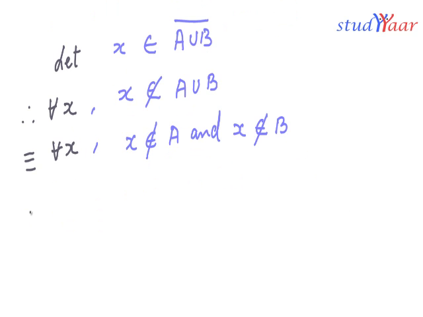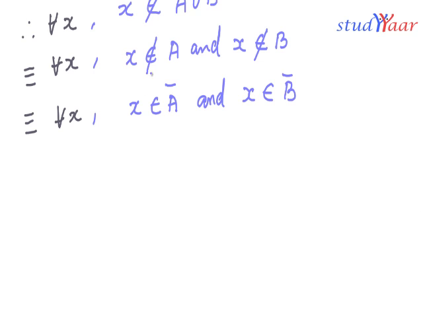So this is equivalent to saying that for all X, X is an element of complement of A, because this is the definition of complement of A, and X is an element of complement of B. Even there is no problem in saying this. So the statement is equivalent.